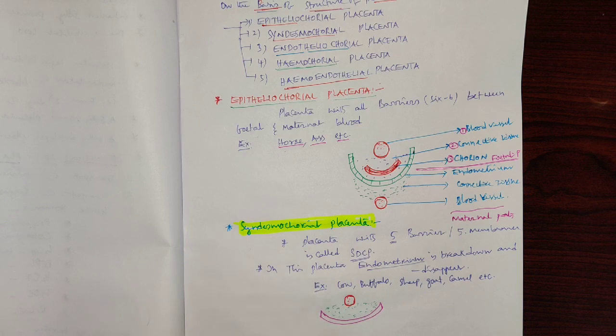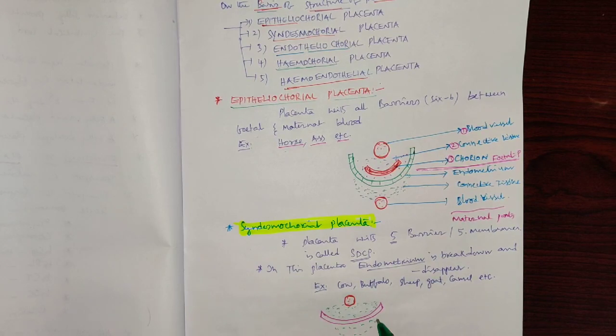And beneath the chorion, the connective tissue of maternal part, which is connected to blood vessel. Here the 5 layers appear.